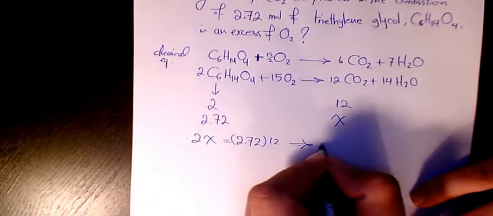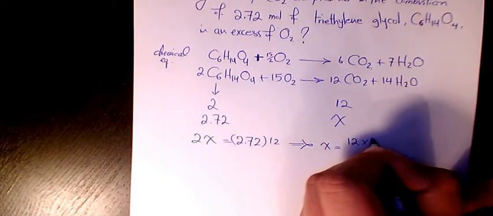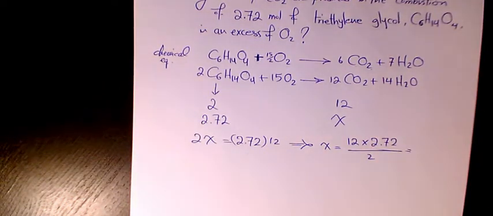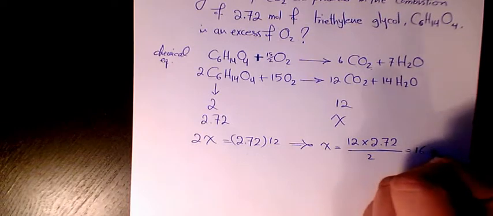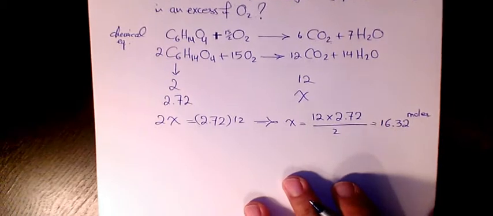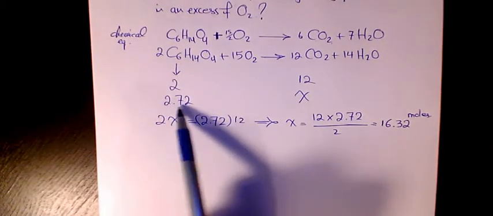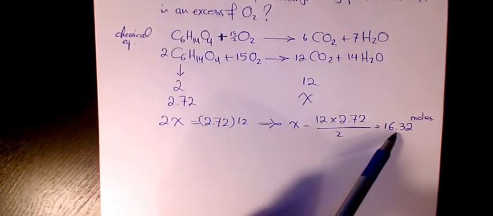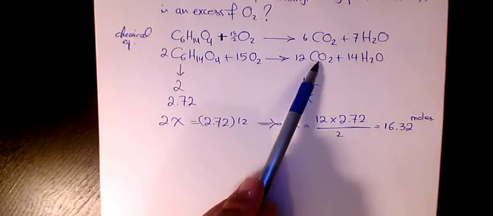That makes X equal to 12 times 2.72 divided by 2, which makes it 16.32 moles. So it means that if we have 2.72 moles of triethylene glycol, we can produce 16.32 moles of carbon dioxide.